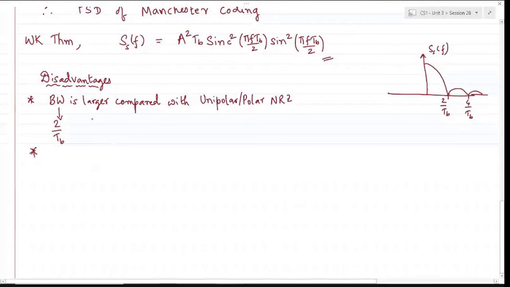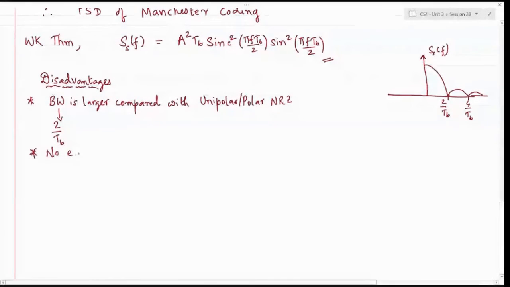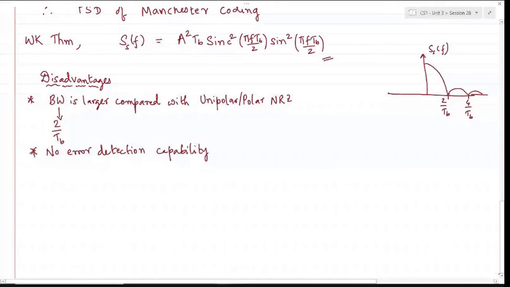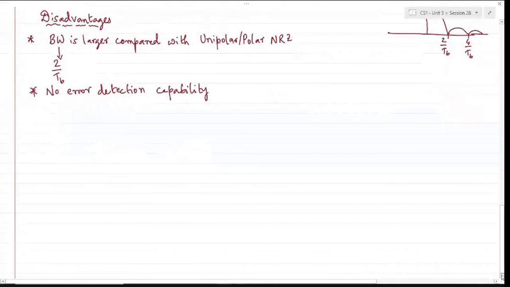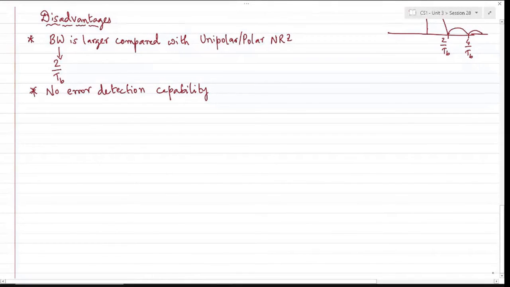Second is with respect to error detection. Again, there is no error detection capability. If bit 1 is flipped to bit 0 during the transmission, the receiver cannot understand the error, so it will just decode it as an erroneous output itself.